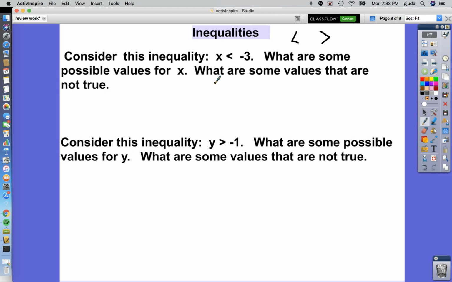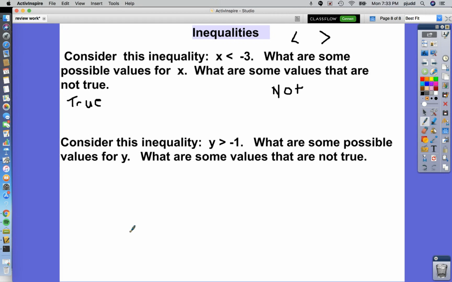What are some values that are not true? Well, I'm going to list some values here that are true for x, and then I'm going to add some values here that are not true. And this is saying x is less than -3.